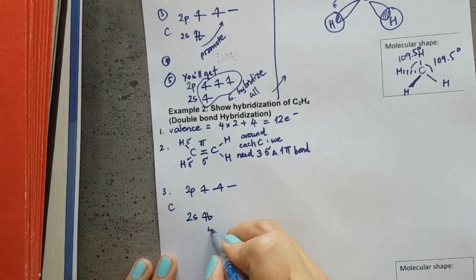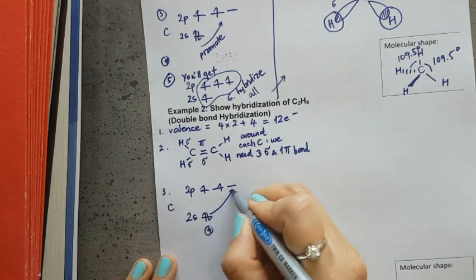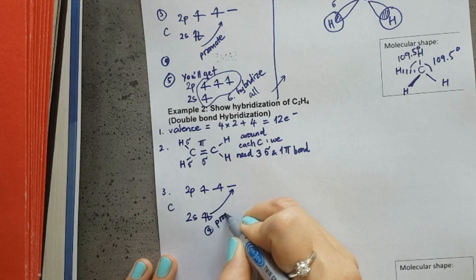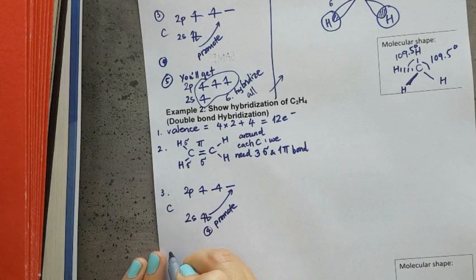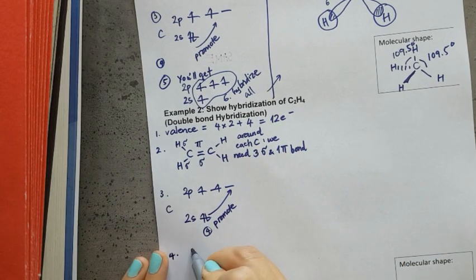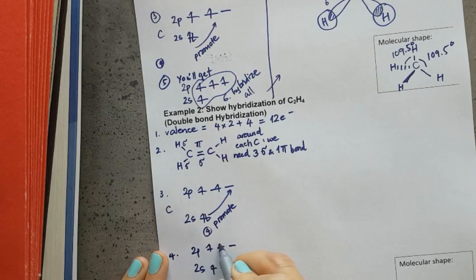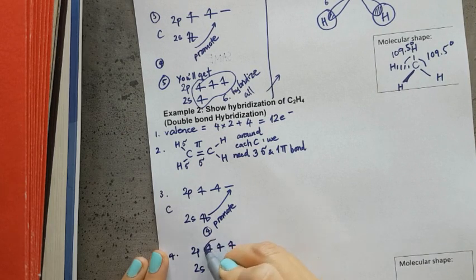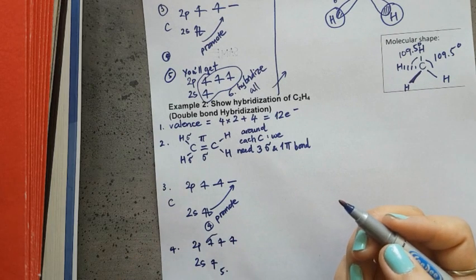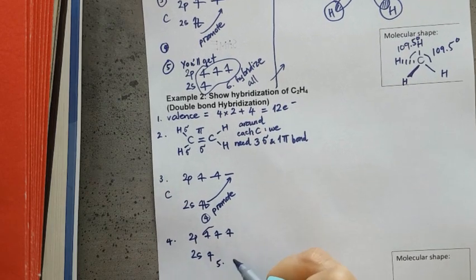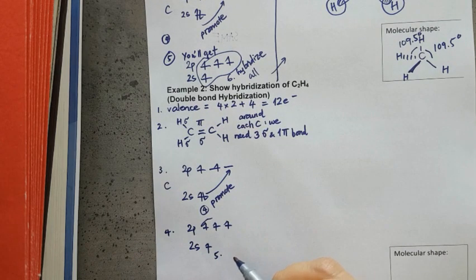Okay, so the next step is, do you remember? Is to promote, right? And then step number 4, you end up with something like this. And then step number 5, you hybridize. Wait a moment. Do I hybridize them all just like before? No, I don't.